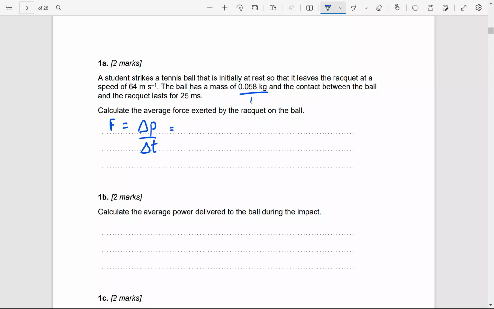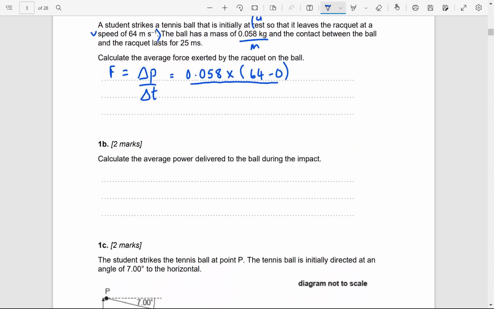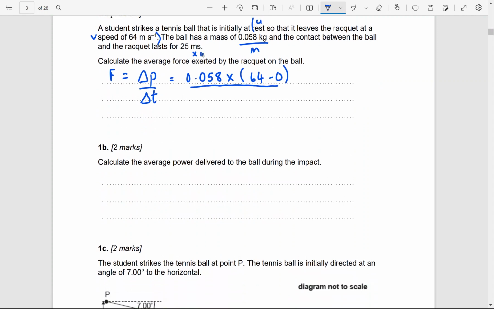And so we have a mass, m, of 0.058 kilograms multiplied by a change in velocity, change in speed, of 64 minus 0. That's the correct way to write it. Divided by 25 milliseconds, which is 10 to the minus 3.